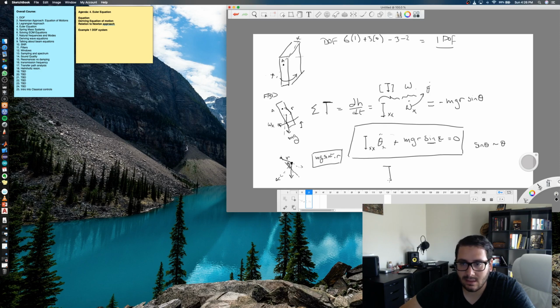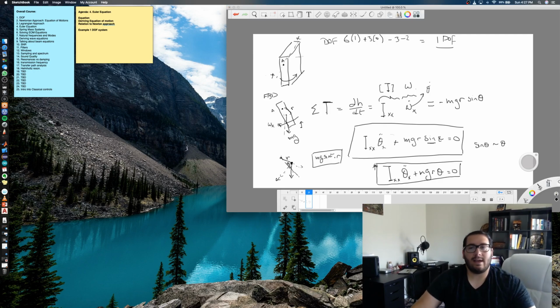So for small angles, it's going to be mgr theta equal to 0. So here is our equation of motion.